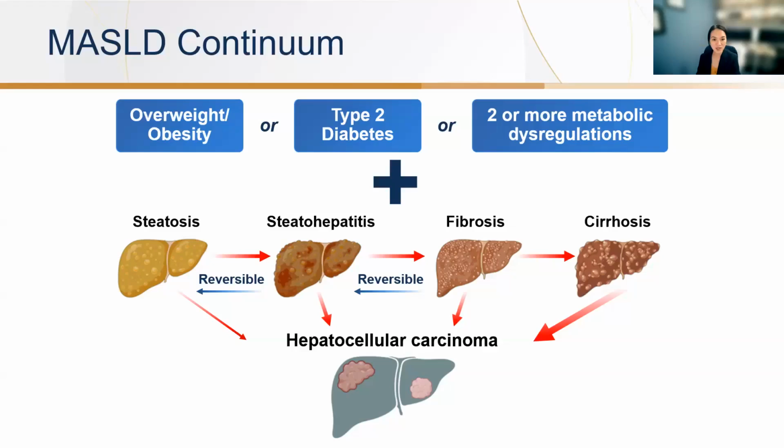A lot of fibrosis can cause cirrhosis, and cirrhosis is the biggest driver to develop into hepatocellular carcinoma. Indeed, fat in the liver can also promote the development of liver cancer.